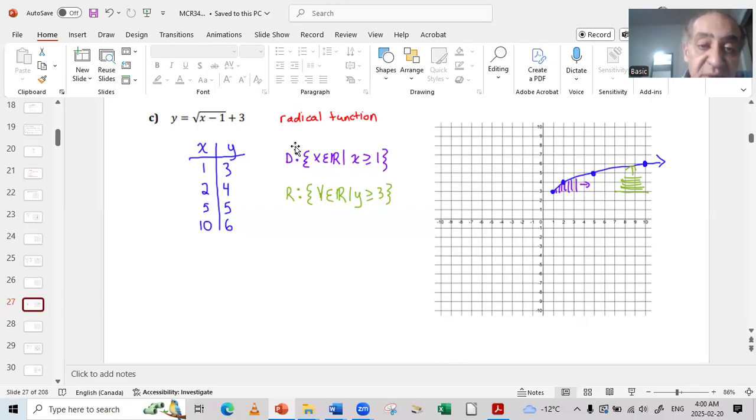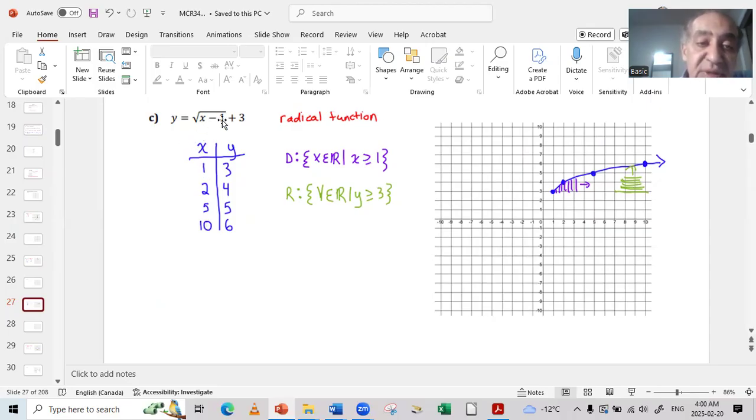For that reason, when we get the domain of x, we say x belongs to all real numbers, but with one condition: x is greater than or equal to 1. It means I cannot assume that x is less than 1. I always put x equal to 1 or more.